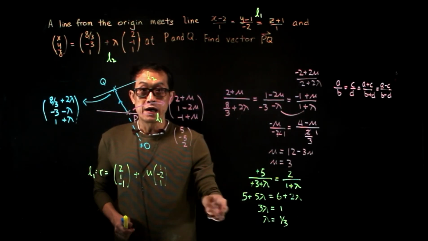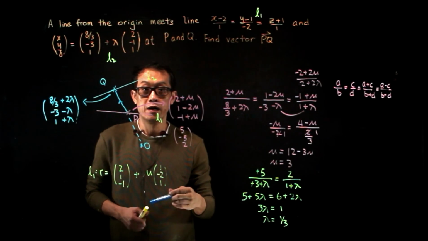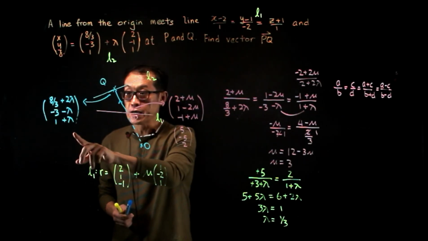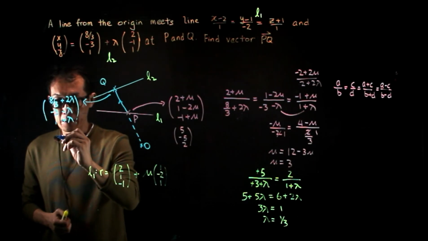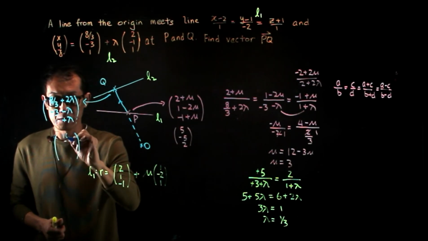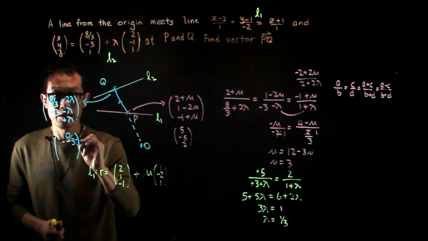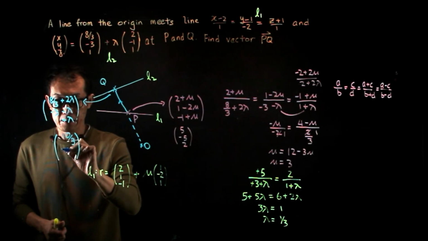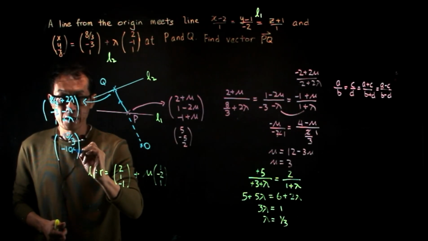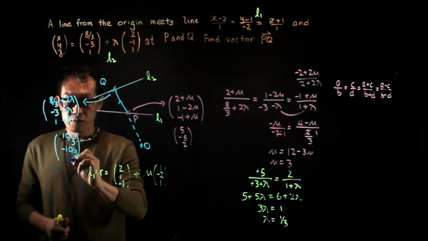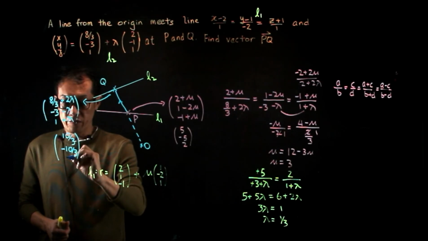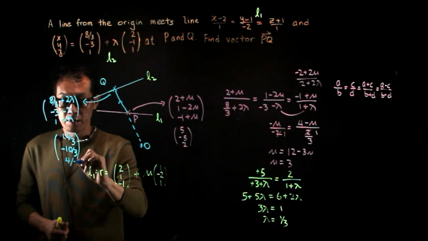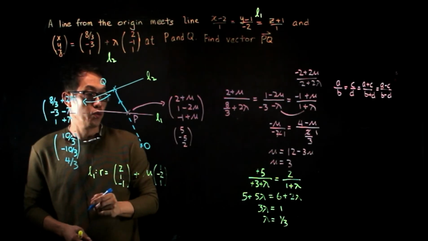Now I got lambda is equals to 1 over 3. Let's put inside here to find Q. So Q will be, the numerator here will be 10 over 3, then here will be minus 10 over 3, here will be 1/3, so 4 over 3. So this is Q.